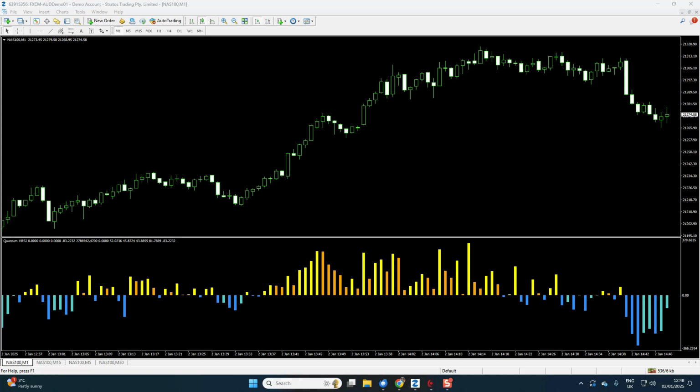In this video, I've taken a very simple example. This is for the Nasdaq 100, just one time frame, and really just to highlight those various components of the VRSI. And remember, this is volume relative strength.